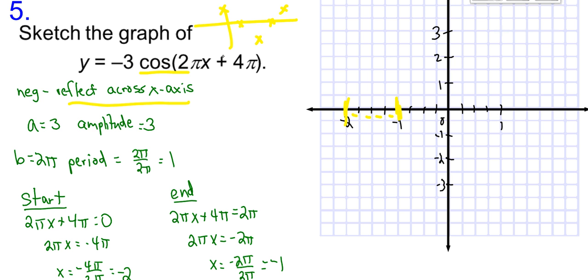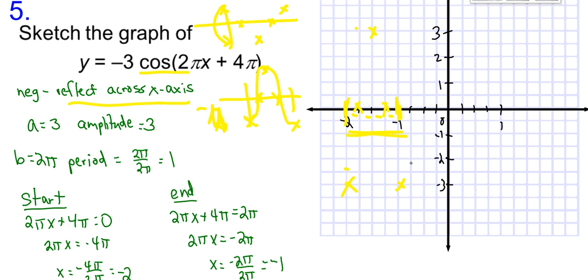But since I'm reflecting it, I'm going to start at the bottom. Here's my period, right here. I'm going to start at the bottom, middle, top, middle, bottom. So it's going to look like that. And that's all going to happen in between there and there. And so the bottom is where I'm going to start right there, middle, top, middle, bottom.